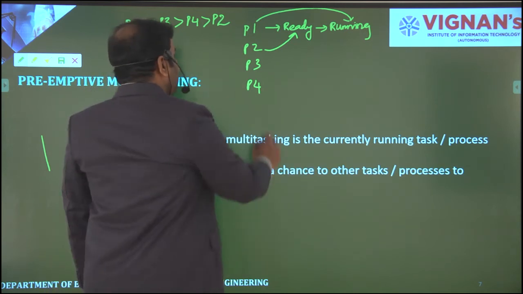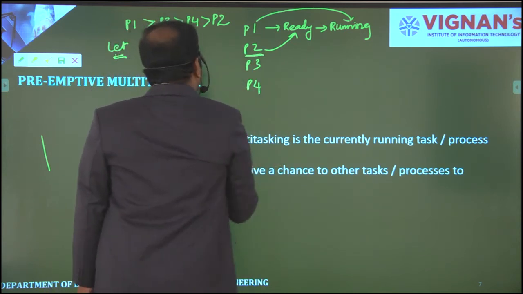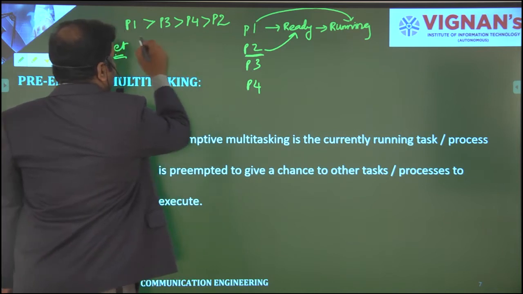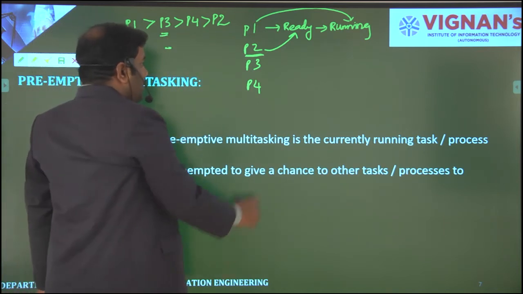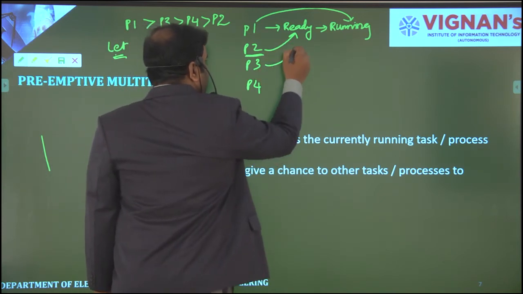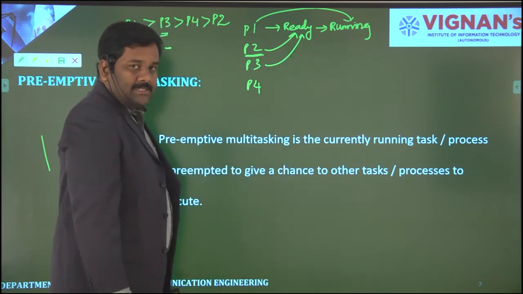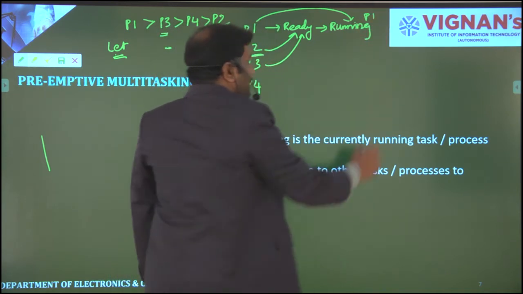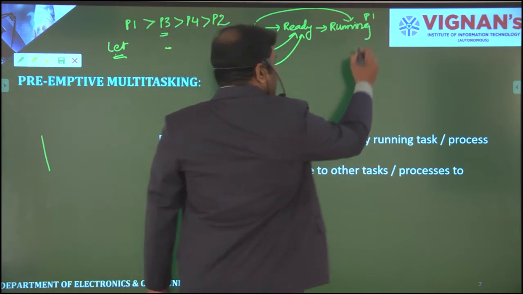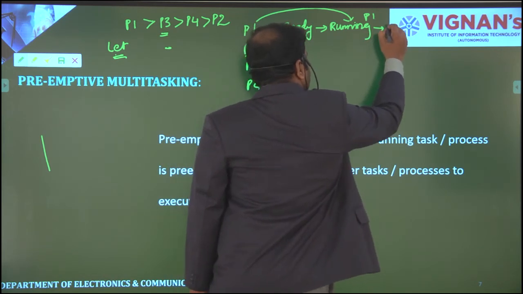But the priority of P2, where is it? After P1, which one is there? P3 is there, not P2. So obviously P2 will go back and P3 will go to the ready state, while the running state has only P1. So P1 is in the running state and it has completed execution.